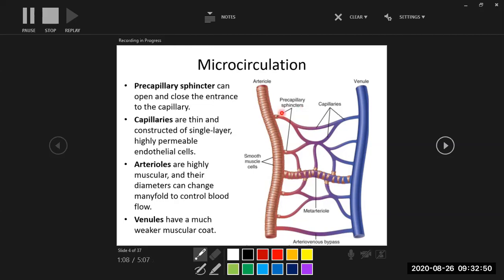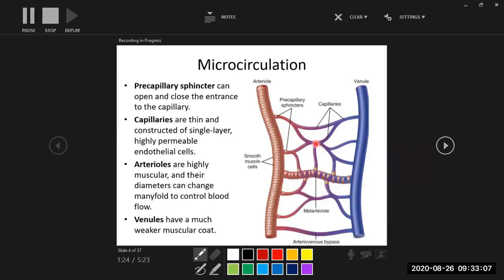So let's take a look at this microcirculation. We have the oxygenated blood going through the smallest arterioles, and then the blood goes into the capillary.